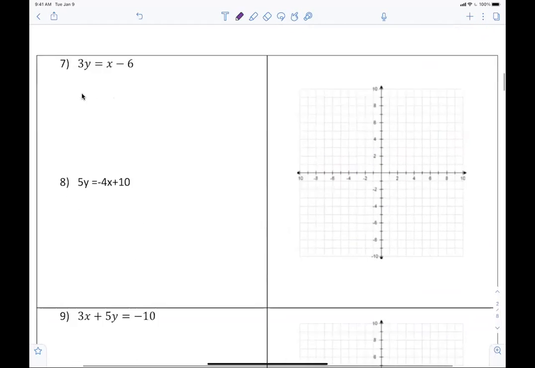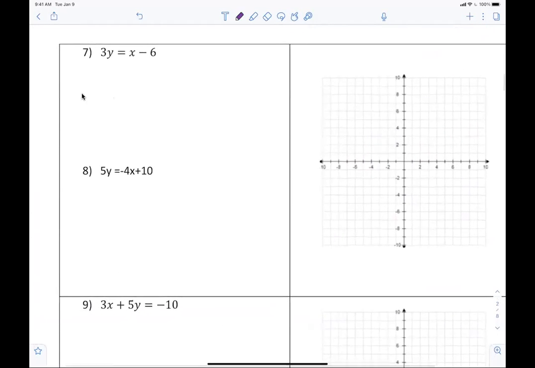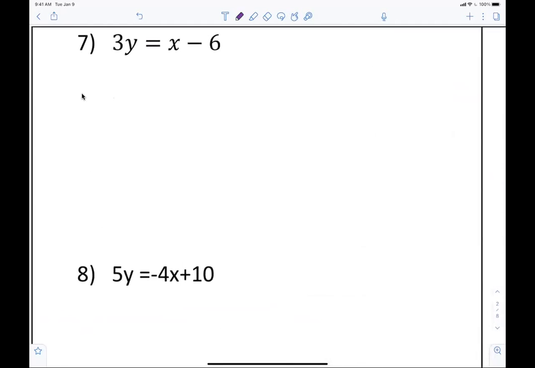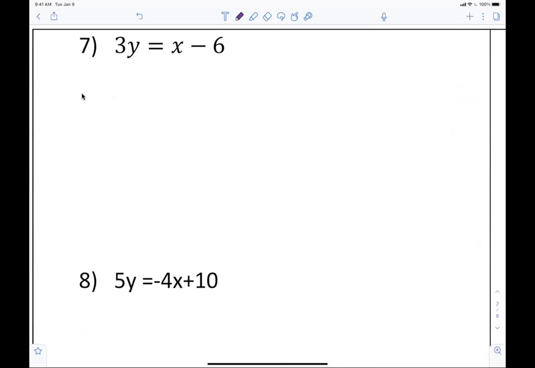Okay, let's go on. All right, now for number 7. Abigail, what am I doing? So what is this fraction in front of the x?